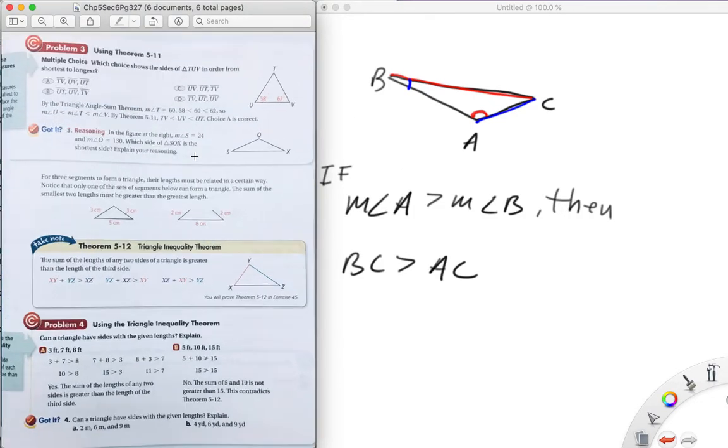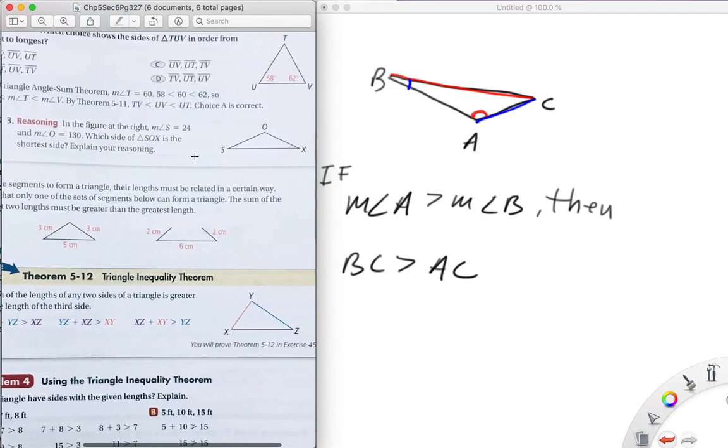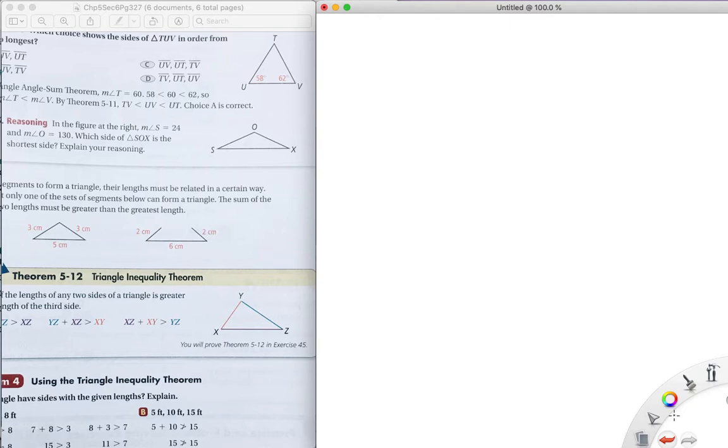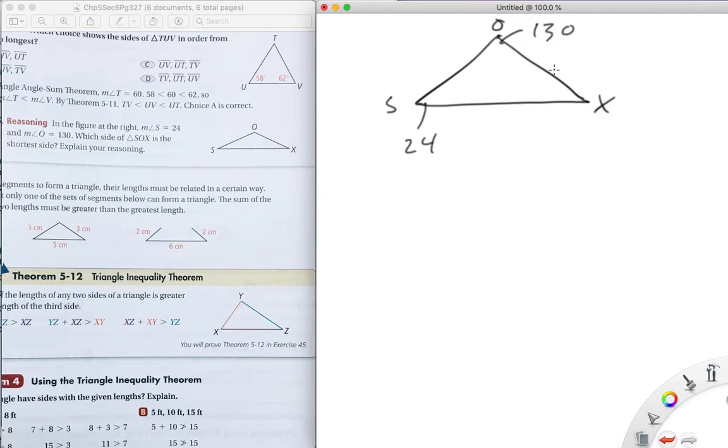Okay. So we can use that to solve various problems. So it says in this figure we have triangle SOX. They say that S is 24 degrees. O is 130. Which side of triangle XOS is the shortest side? So I can subtract 180 minus these two.